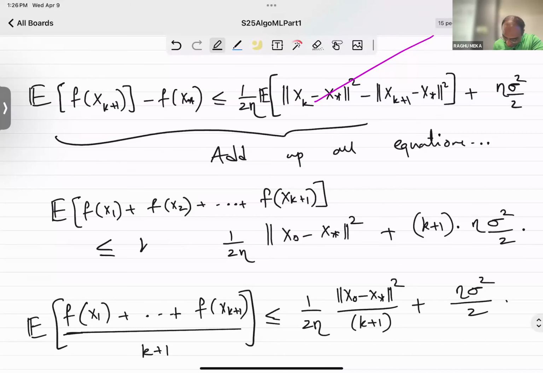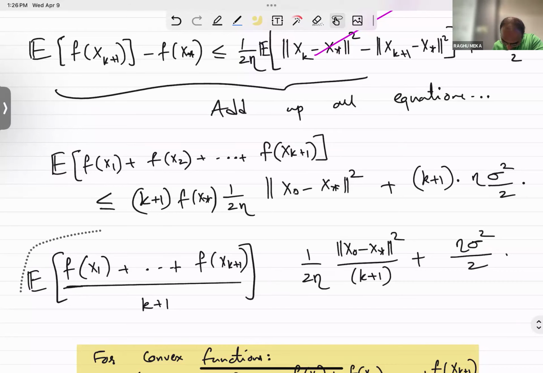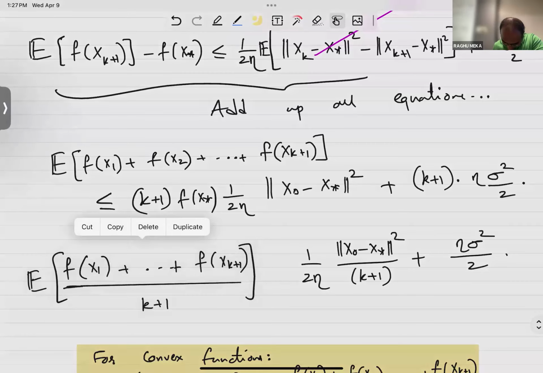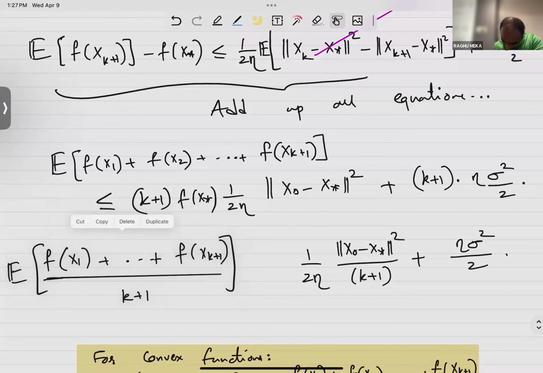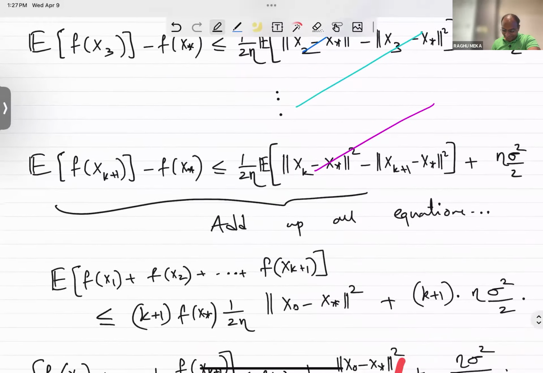So this is less than or equal to k plus 1 times f of x star. Thanks for pointing that out. We're actually comparing to f of x star always, right? That's our best optimum. Okay, what's your question? Oh, okay, perfect.